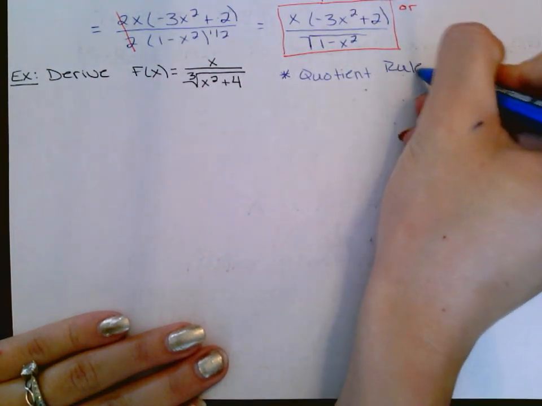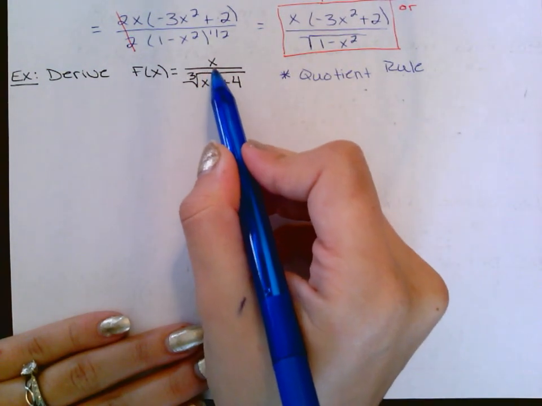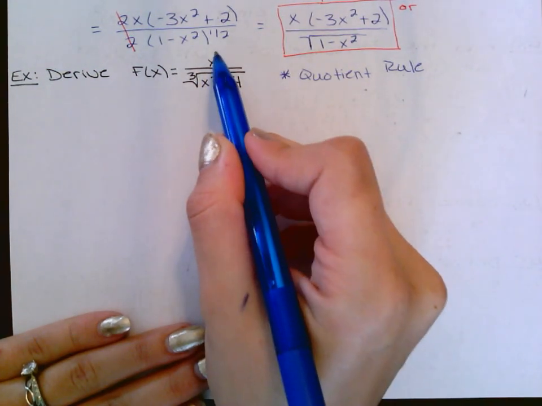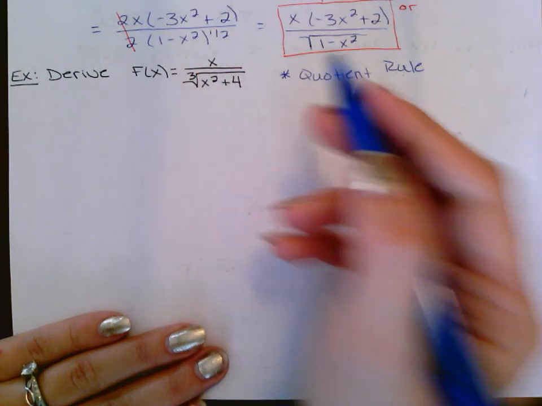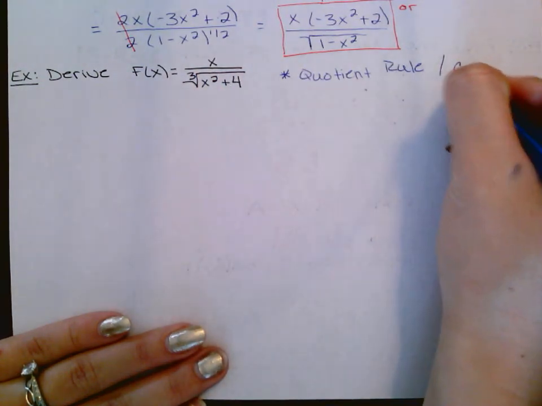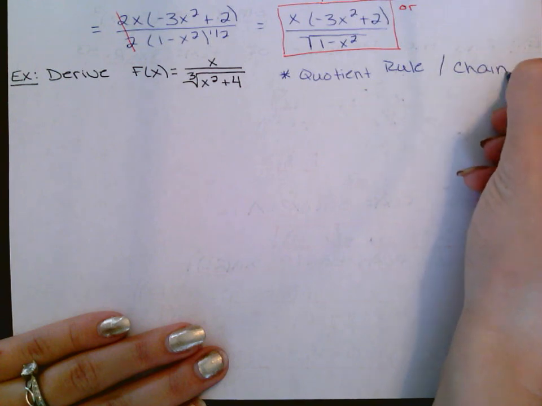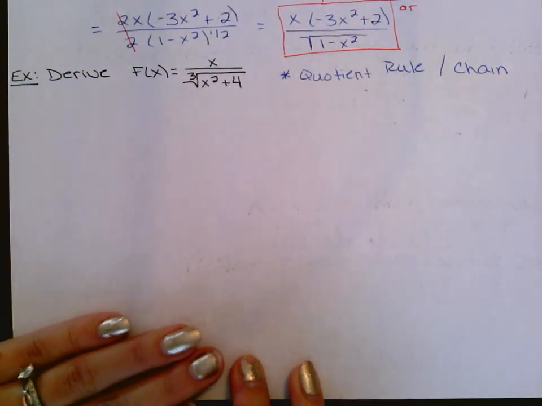Now, within that quotient rule, when I do low d high minus high d low, when I go to do d low is when I'm going to need the chain rule. Does that make sense?